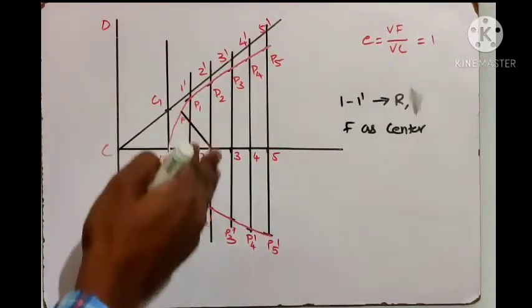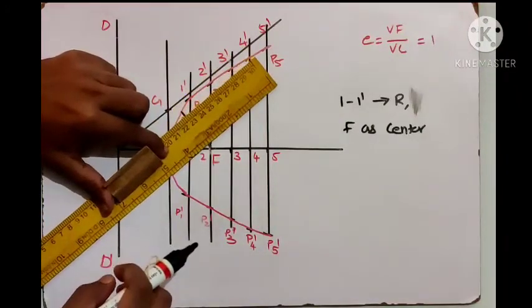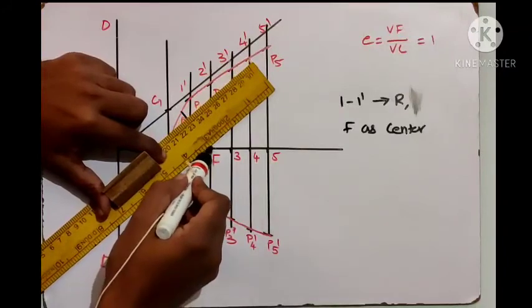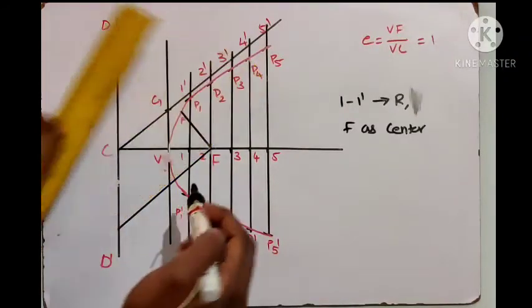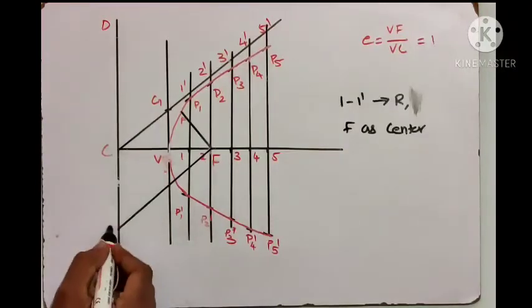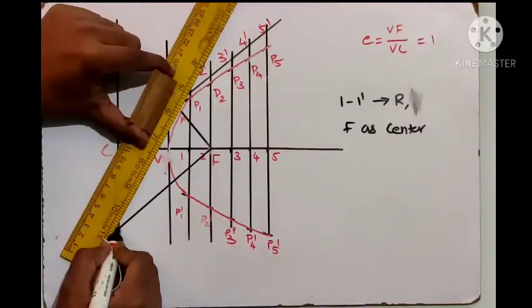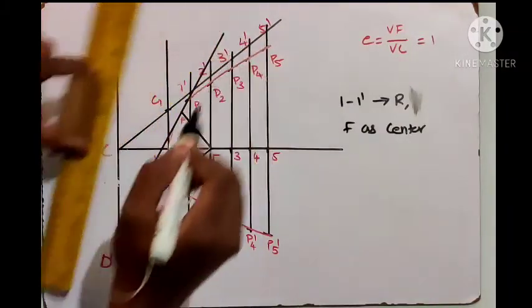To that particular line you need to draw a 90-degree line, something like this. The 90-degree line will intersect somewhere on your directrix. From that intersection you need to connect the point P. Something like this you will get.